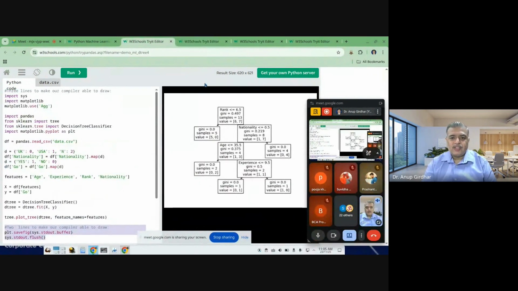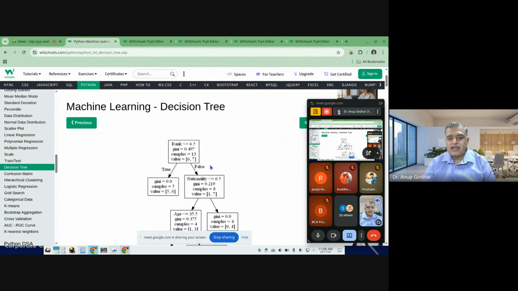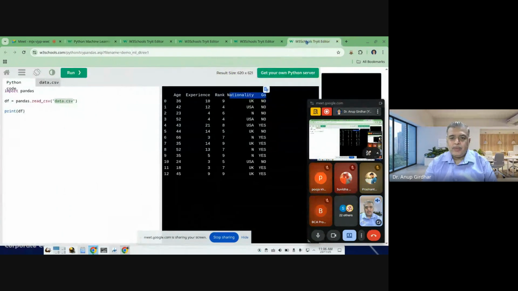If it is true, this is what the value goes for the true. The left side is for true and the right side is for false. If the condition is true, then the value 6 are true and 7 are false. So that is the first condition: rank is less than or equal to 6.5.